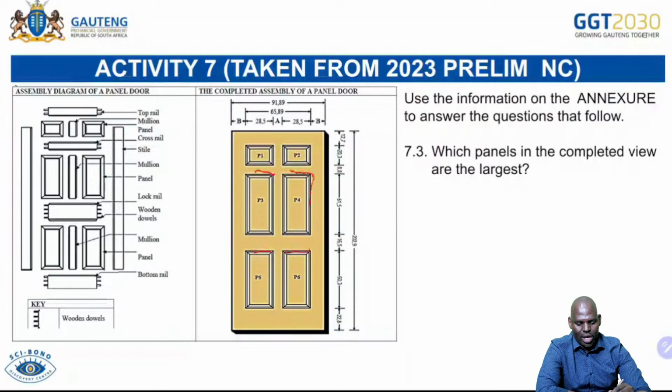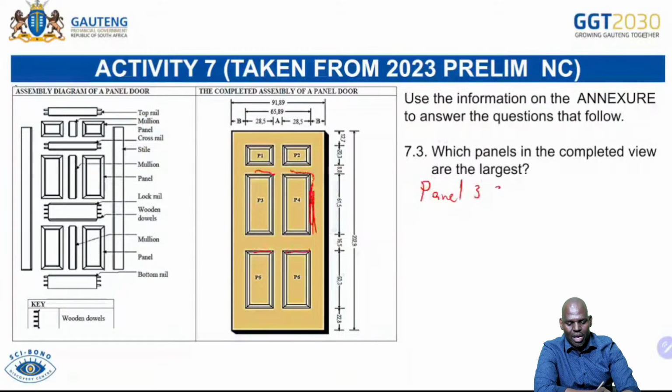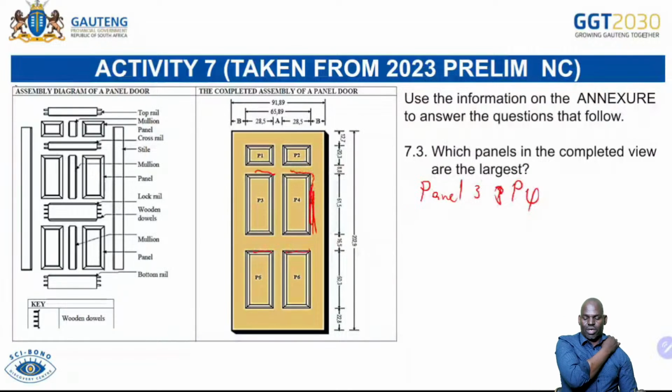But if we check the height or the length, you can see that this one is 61.5 and this one is 60.3. So the largest ones are panel 3 and panel 4. You just have to look at the measurements to get the correct answer.